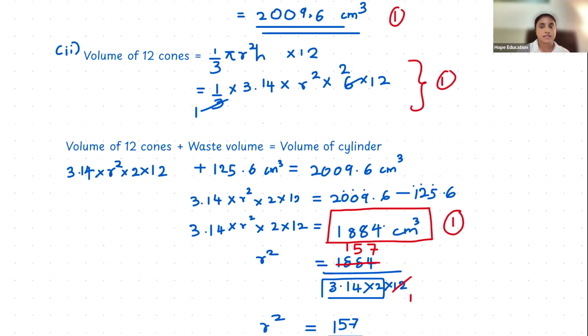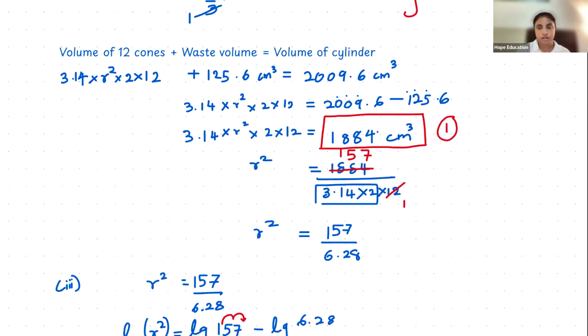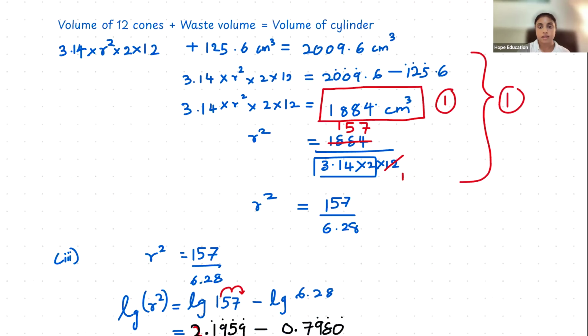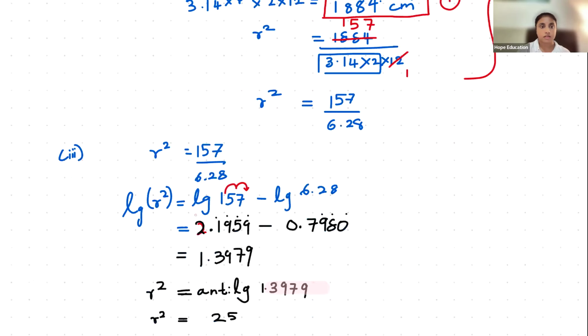Then for the calculation 157 divided by 6.28, 1 mark. Then in the logs, for subtracting this from this, 1 mark.